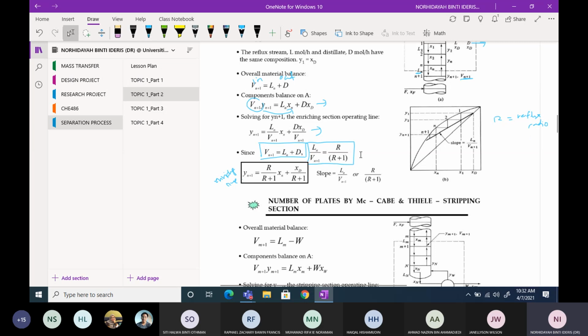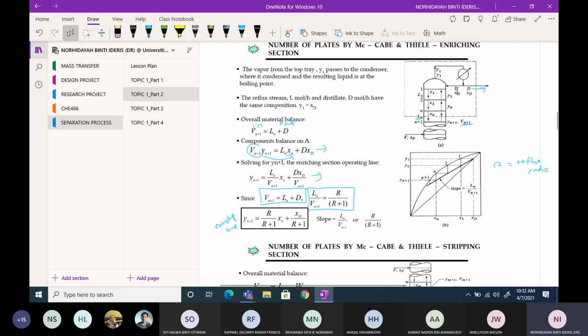So how much of the liquid you send back to the column, which is the L. So R here is equal to L over D, and since we assume here that L is equal to Ln, R is also equal to Ln over D. The definition of reflux ratio is how much you send back to the column over how much you take out from the column.